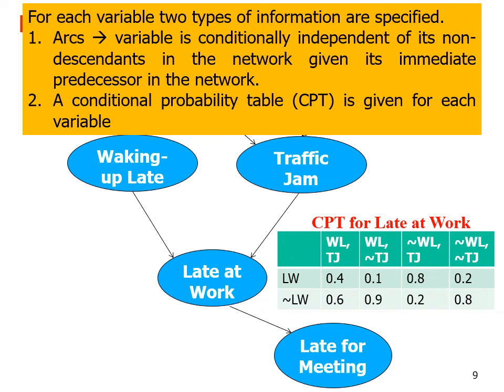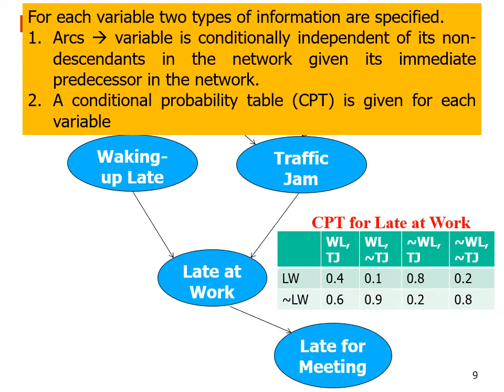So here in our example, let us abbreviate these three nodes. Late at work is abbreviated as LW. Waking up late is abbreviated as WL, and traffic jam is abbreviated as TJ.